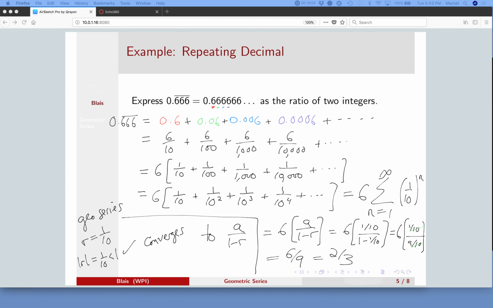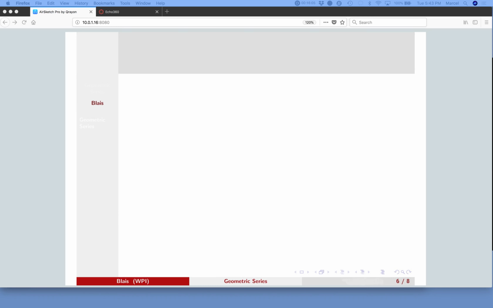Just to show a more complicated example, if you had something like 0.53 repeated, so 0.535353, you would take a very similar approach, but you would break up pairs of digits in this case.